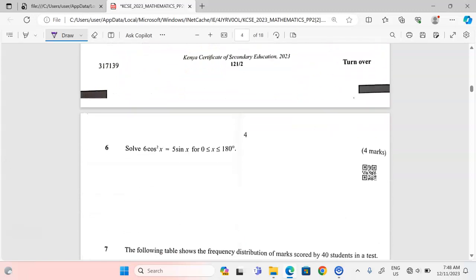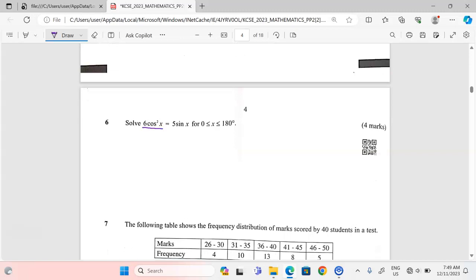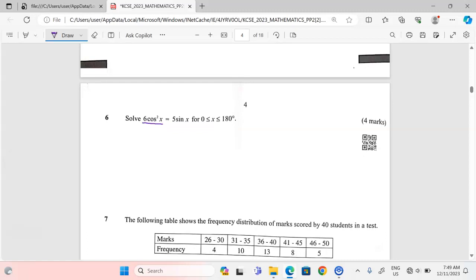In number 6, we are on trigonometry. We are told to solve 6 cosine squared of x equals 5 sin x for the range of x between 0 and 180. So we apply trigonometric identities.